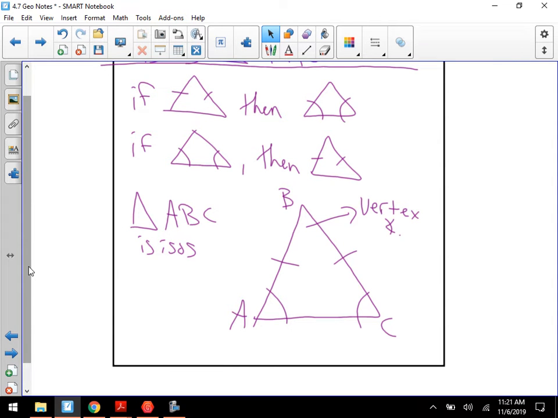Okay. That way you remember what letter goes where. The easiest thing to remember is whenever they're talking about an isosceles triangle, the first and the last letters are always the angles that are the same, and the middle letter is always the vertex angle. If you remember that, you're gonna be just fine.